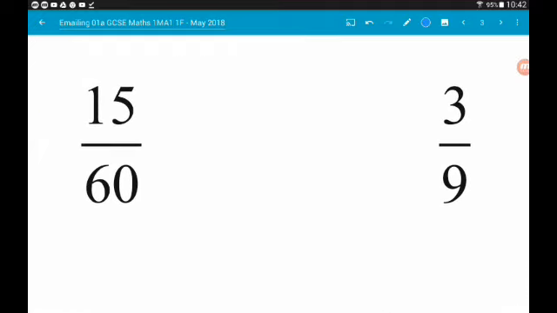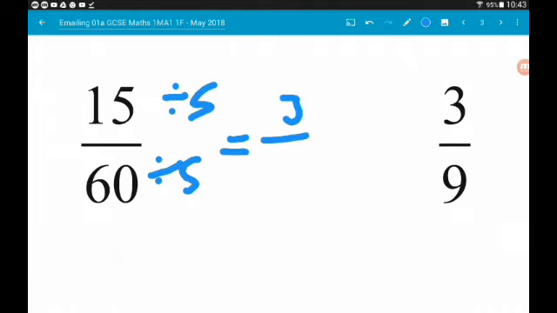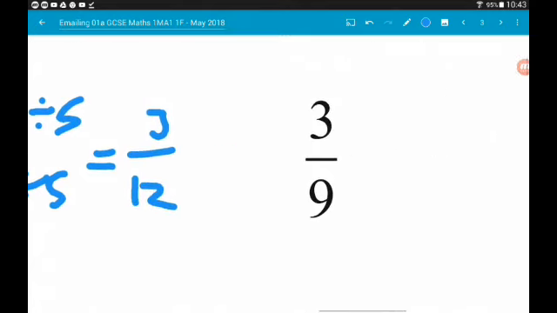15/60 has a common factor of 5. So 15 divided by 5 is 3. 60 divided by 5 is 12. 3/12 still has a common factor of 3.